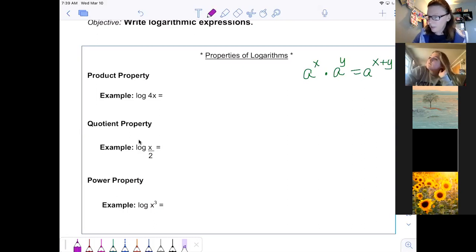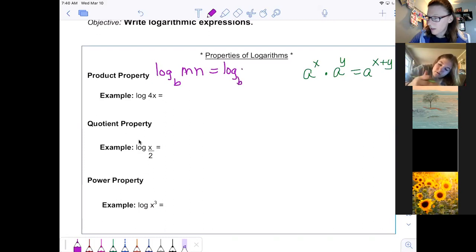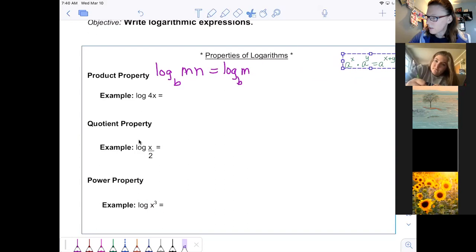The log property says the log base b, and I'm going to use m times n. So I have a product. That is equal to log base b of m, plus the log base b of n.